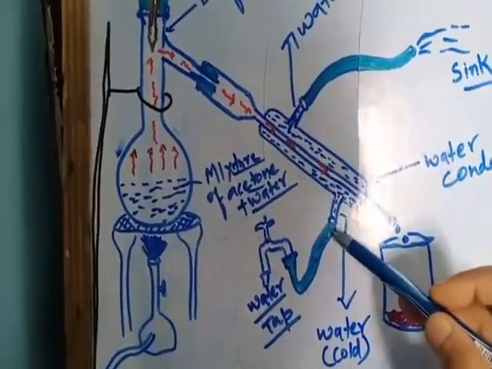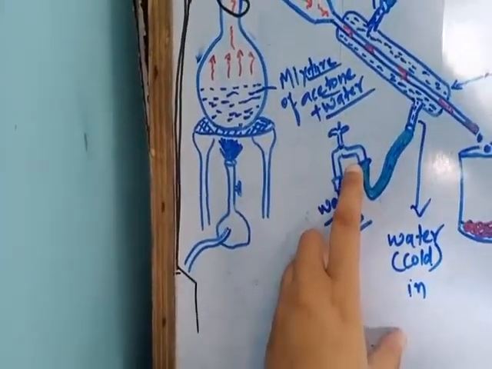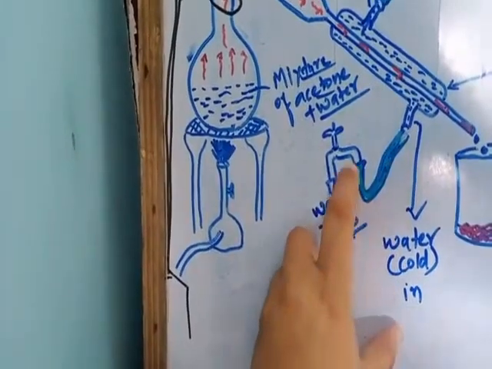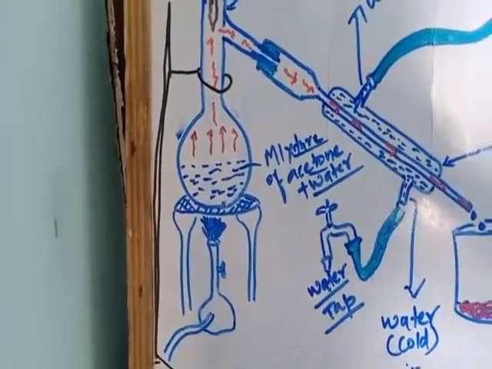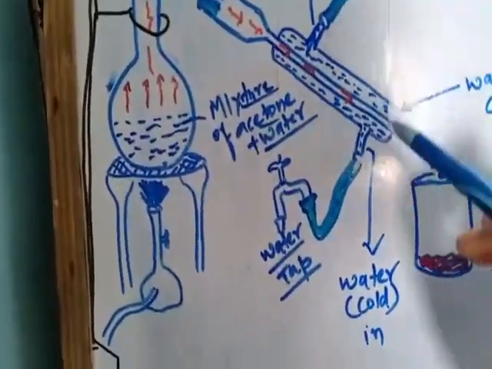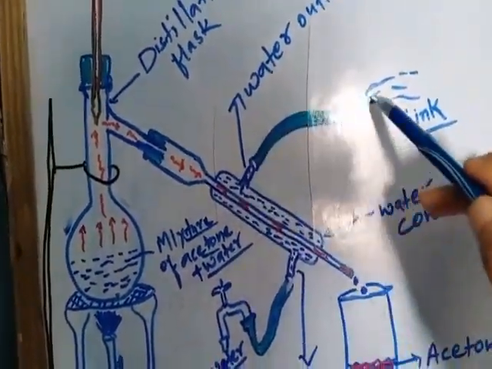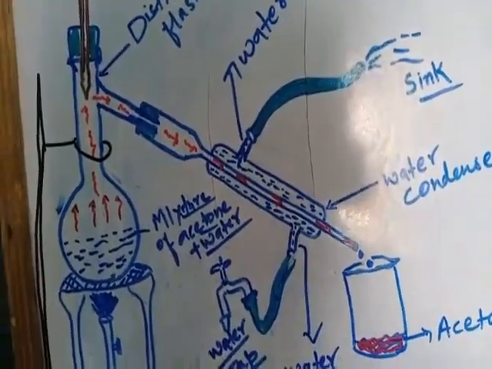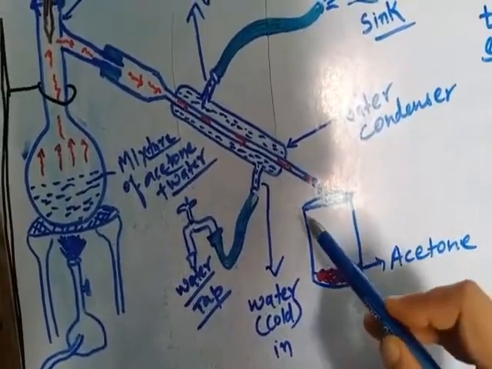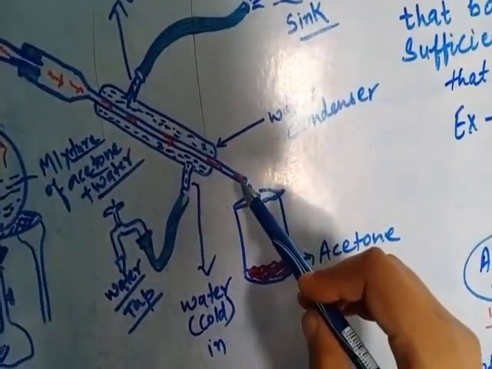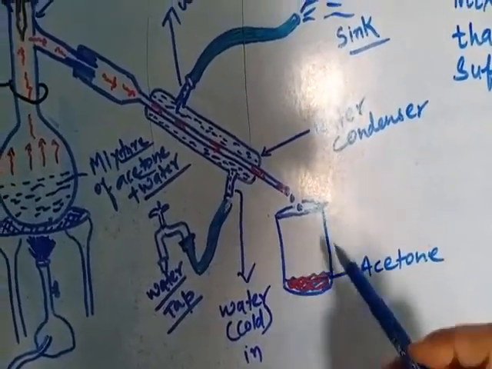The inlet is fitted with tap water through a pipe, where a continuous supply of water will be provided in the chamber, and water is flowing in and flowing out through this outlet. Okay, and the mouth of the condenser tube is over a beaker, where whatever liquid acetone drips will get collected in the beaker.